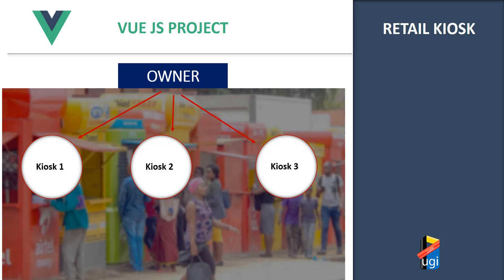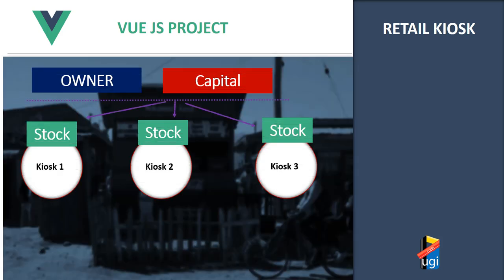So all that stock, okay, comes from where? It comes from the owner's capital. So the owner has capital that they have ready to invest, and they restock the different kiosks according to the demand per kiosk.